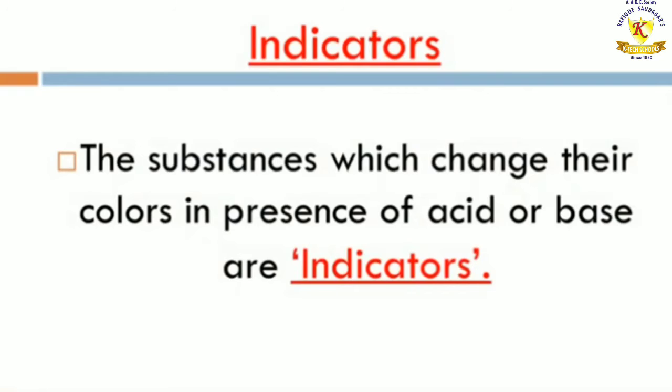Now, the substances which change their color in the presence of acid or base are called indicators. I repeat, the substances which change their colors in the presence of acid or base are called indicators.